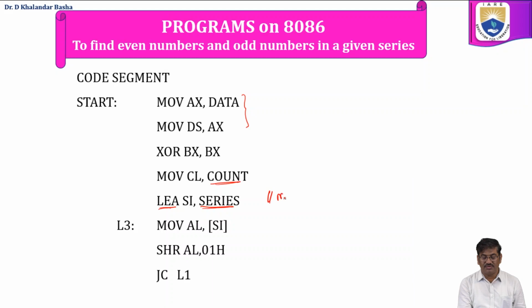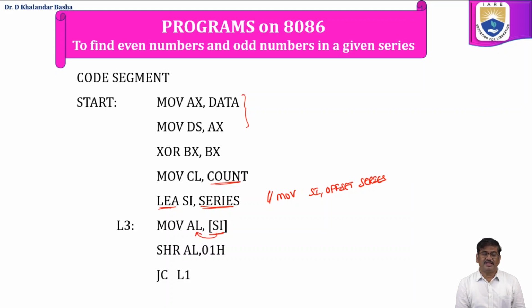So another instruction we can have is MOV SI, offset of series. Any one of these instructions we can use, either LEA SI, series or MOV SI, offset of series. So once the address is loaded into SI, we will fetch the content of each memory location into the AL register.